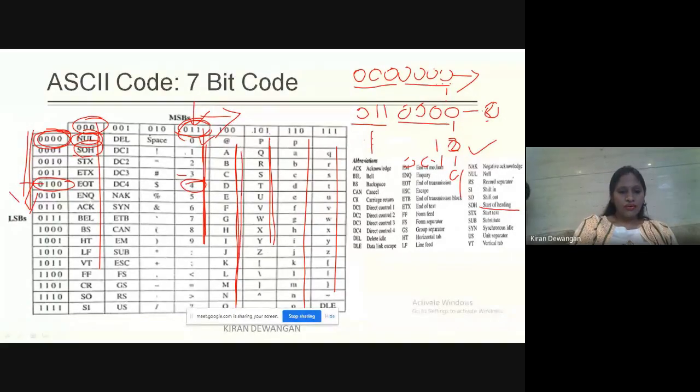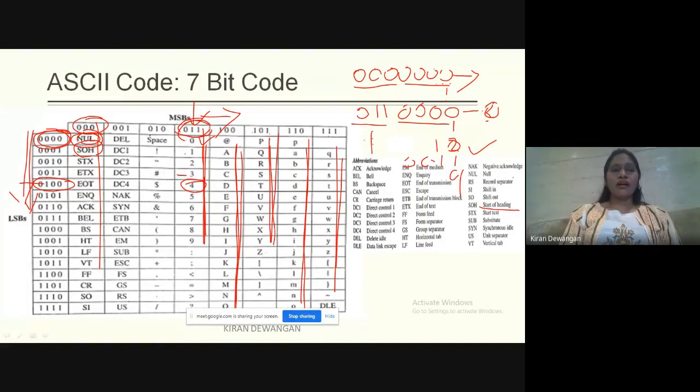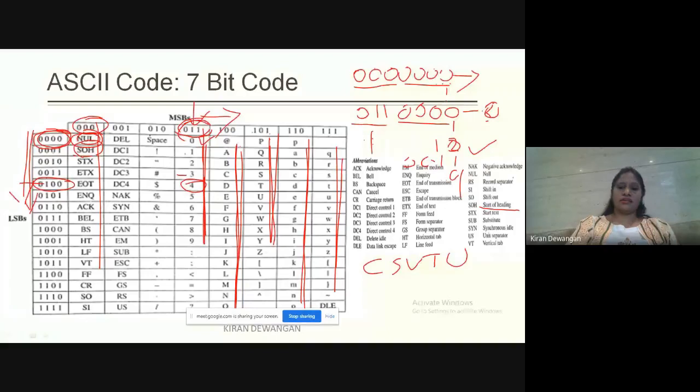Similarly, we have the code for the uppercase and the lowercase. In exam, sometimes you get a 2 marks question or a 4 marks question: code CSVTU in ASCII. तो आपको ये कोड करना पड़ेगा.